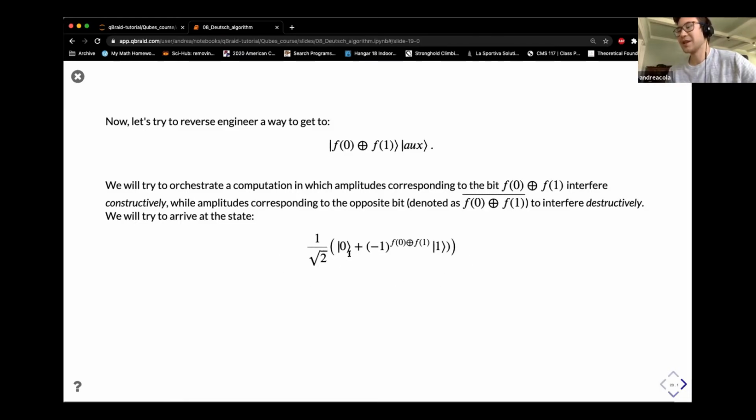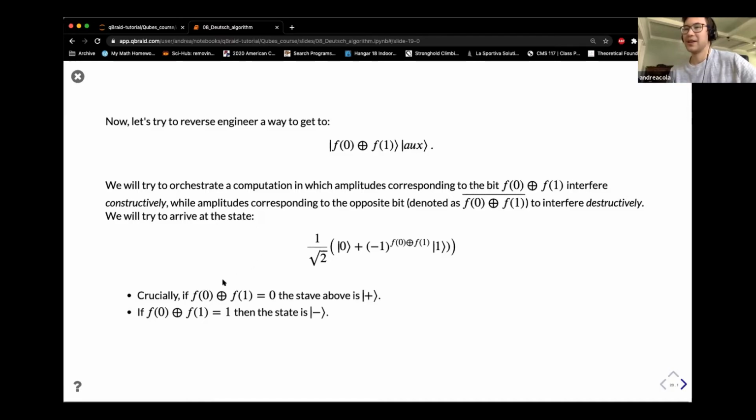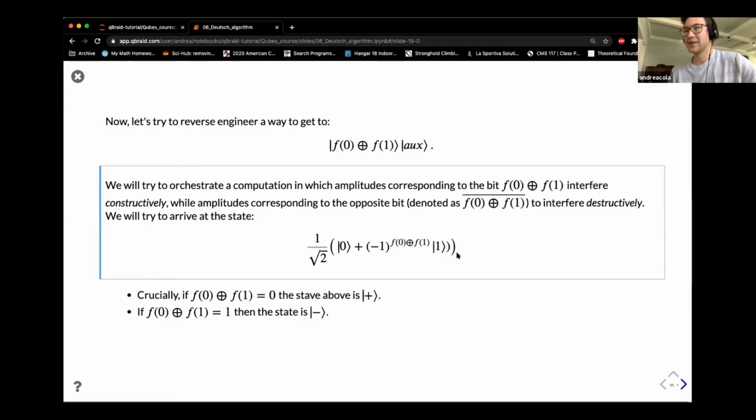The state at the bottom is ket 0 plus some factor, which can be either minus 1 or plus 1, depending on the exponent, whether f of 0 XOR f of 1 is even or odd. In particular, if f of 0 XOR f of 1 is 0, it's the ket plus state, whereas if f of 0 XOR f of 1 is equal to 1, it's the ket minus state.